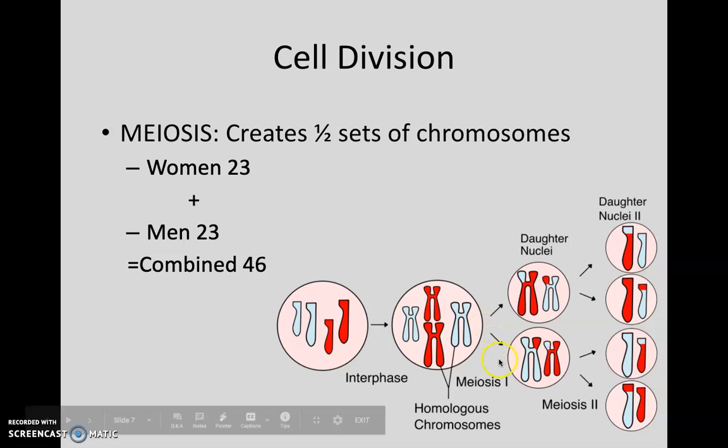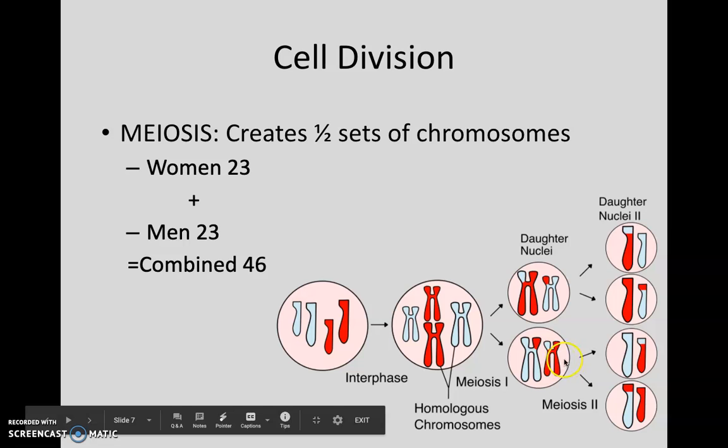Meiosis takes place in a couple of different ways. Here we have those daughter nuclei that are splitting, giving us almost a whole chromosome of the red with just a little bit of blue, and almost that whole cell of blue with just a little bit of red, and vice versa on the bottom.